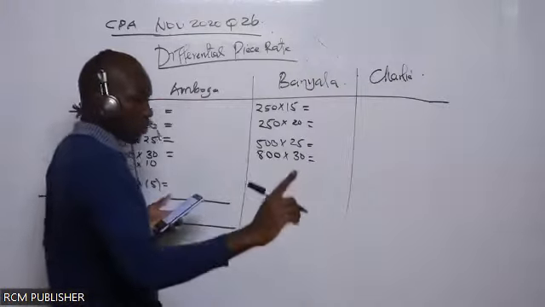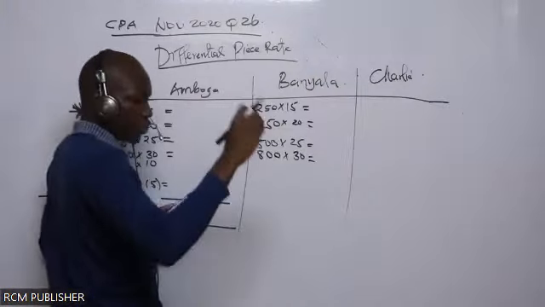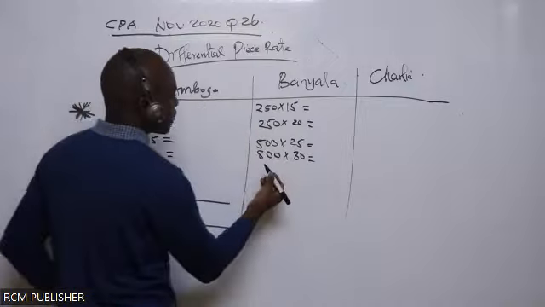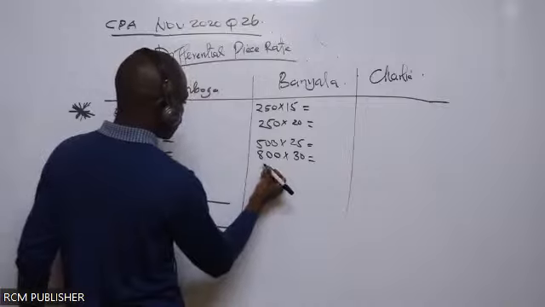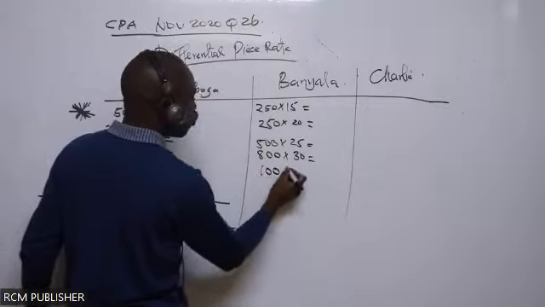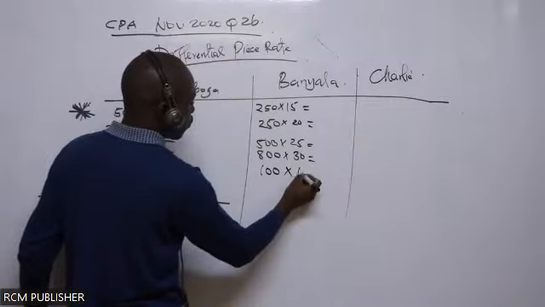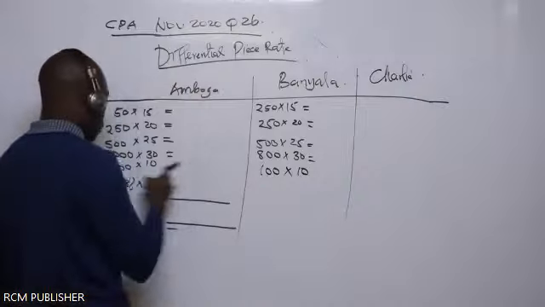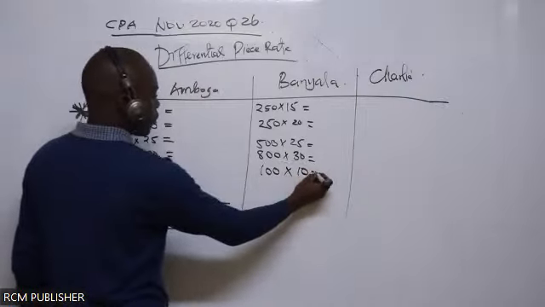But we are being told the spoiled goods are going to be paid for at what rate? At 10 shillings. So the spoiled for this person here is 100. He is going to be paid for the spoiled goods, but at what price? At 10 shillings. That is the spoiled revenue being received for the spoiled goods.